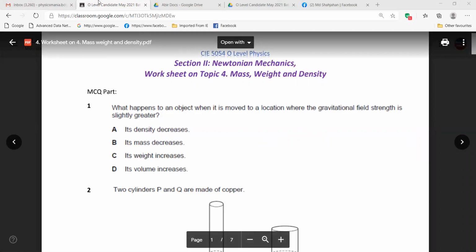Then what will happen? Its mass will not change, its density will not change, its volume will not change. Weight will change, right? Its weight will increase, because weight is only related to gravitational field strength, right? So the answer is C. This way you have to solve, right?